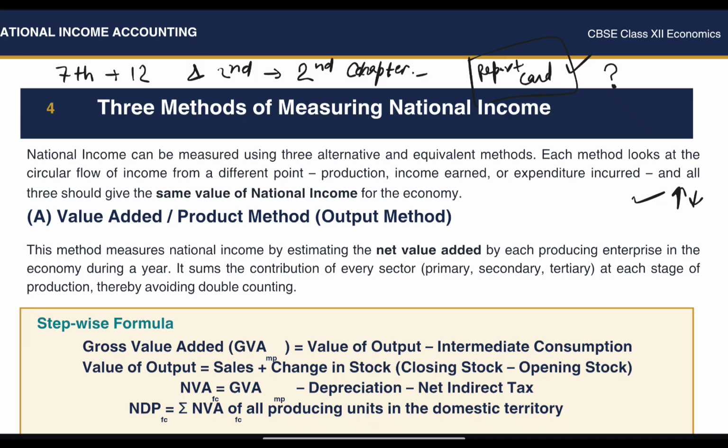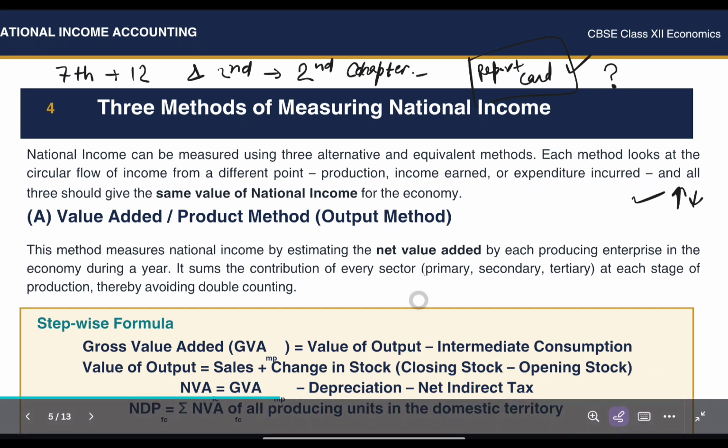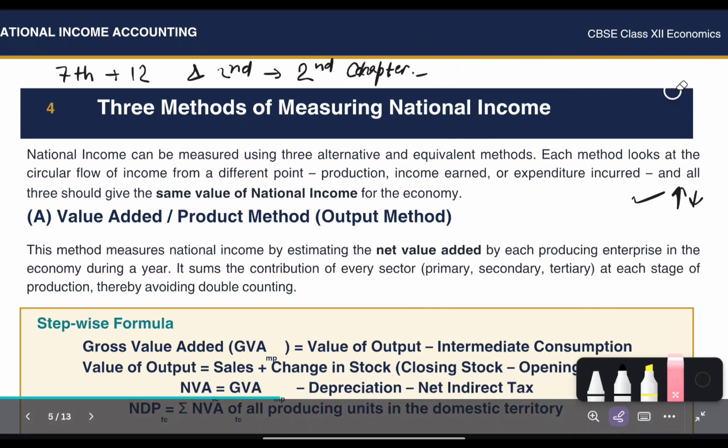All these approaches lead us to the same answer. That's why economists use 3 different methods to calculate national income, and all these 3 methods we are going to study today.